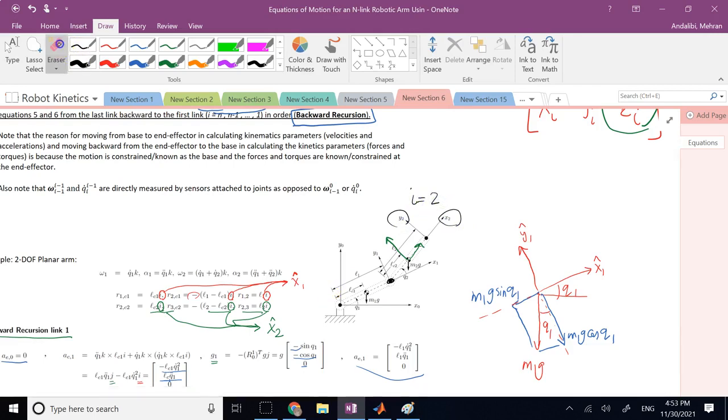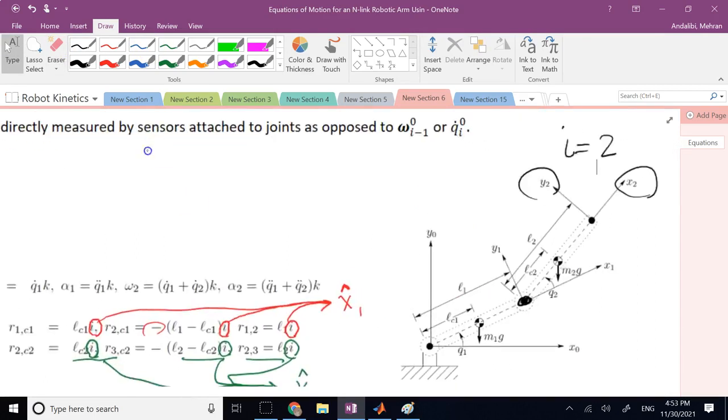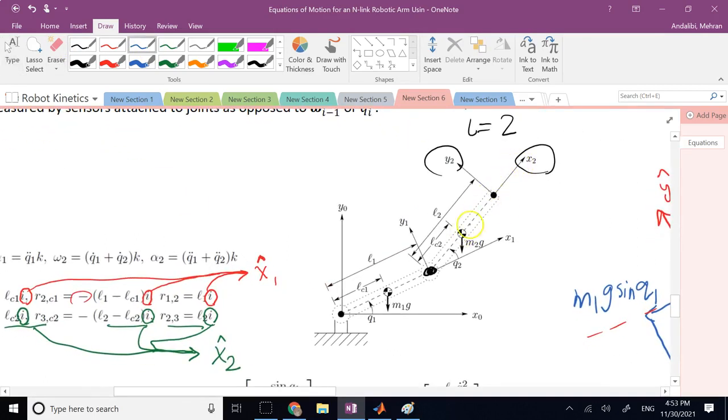So if you found 2i plus 3j for that force F2, that means 2 units along this direction, and then 3 units along that direction. So your force is something like this. This is your F2, for example. The unit vectors that you will find will be along x2 and y2. That's how you interpret it.